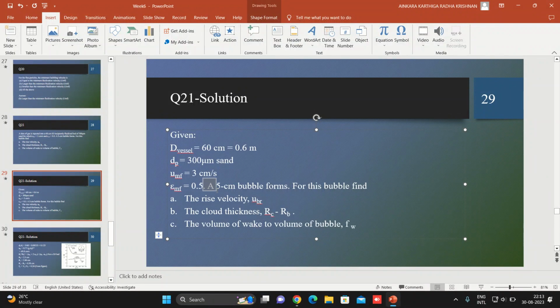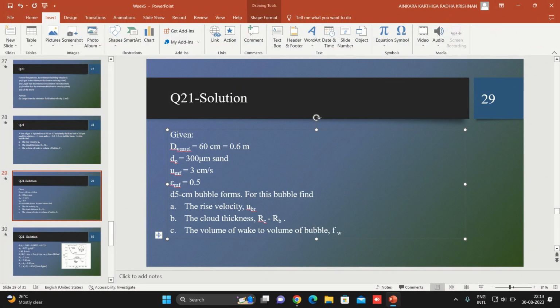Bubble diameter dB is given as 5 centimeter.